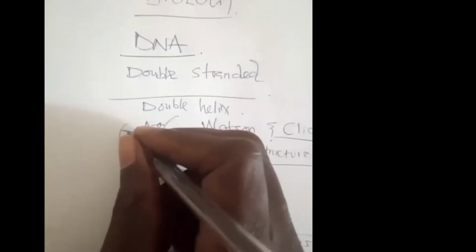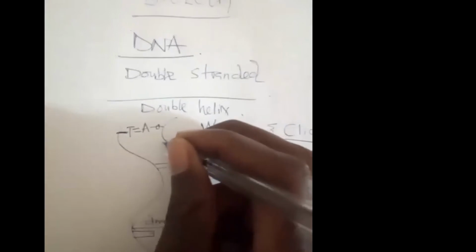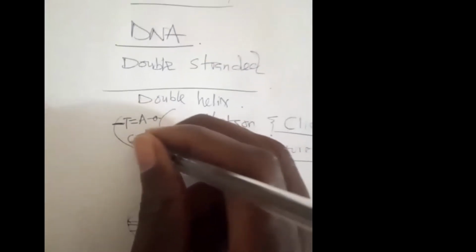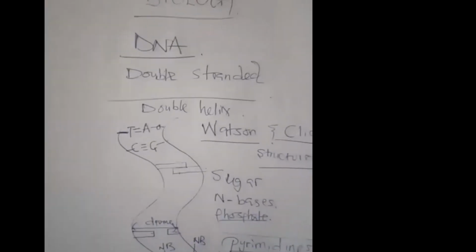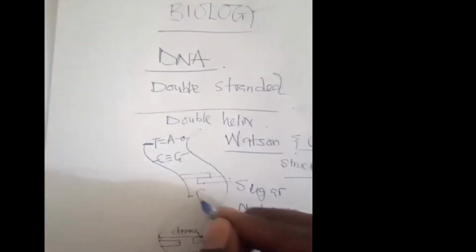So in this structure that we are drawing here, whenever you see adenine, on the other end you should have thymine, and there's a double bond. Whenever you see guanine, G, you should have cytosine on the other end, like that. So you have that combination, cytosine, guanine.